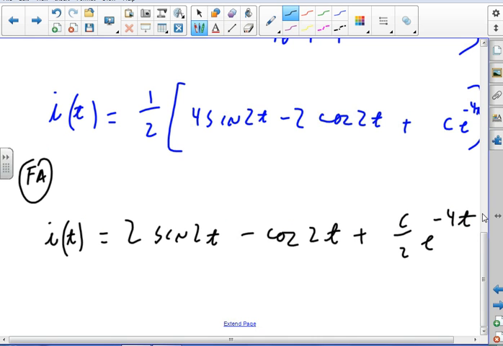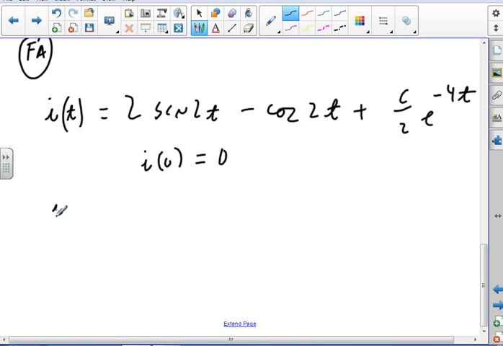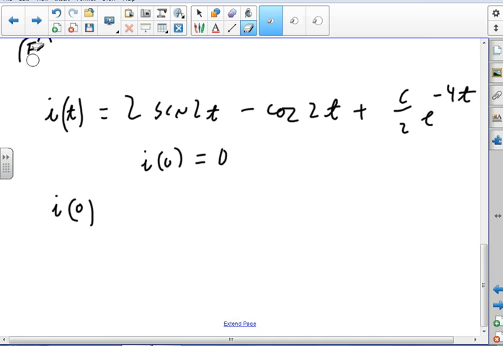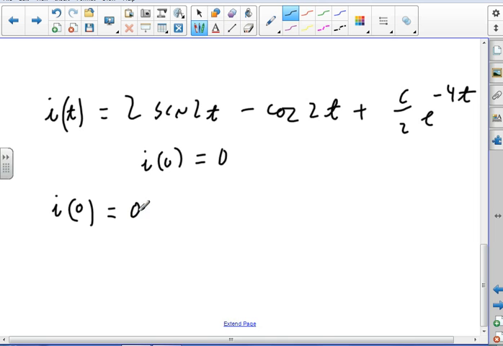Do we have an initial condition? This is number 7? Yep. Okay, I at 0 is 0. So that makes this not my final answer. So I of 0 is equal to 0.